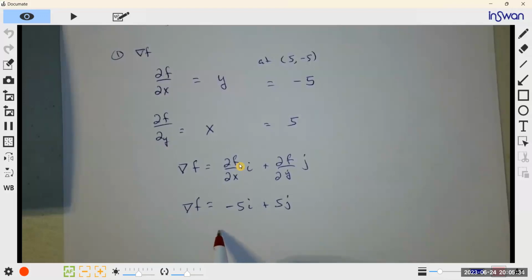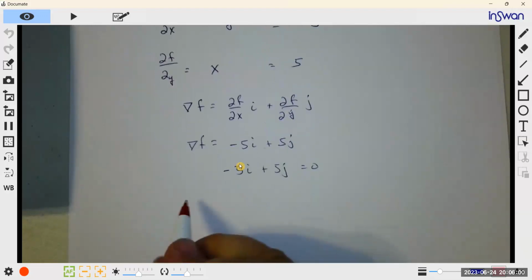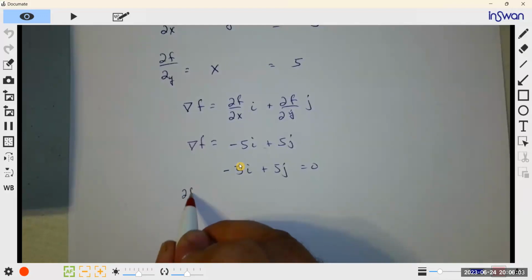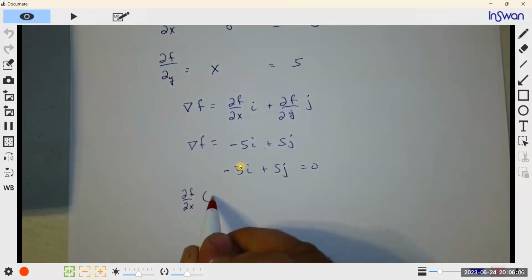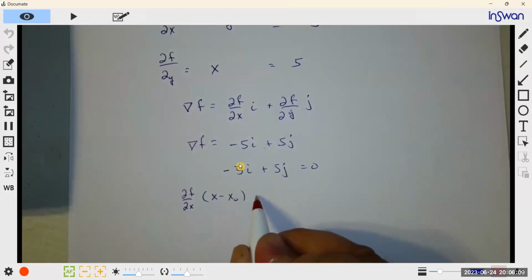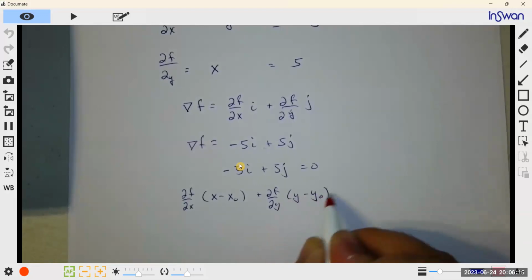Set that equal to 0. Because now we have to get to the equation of the line and we'll find the curve. So we have our partial f partial x at x minus x sub 0 plus partial f partial y at y minus y sub 0 equals 0.